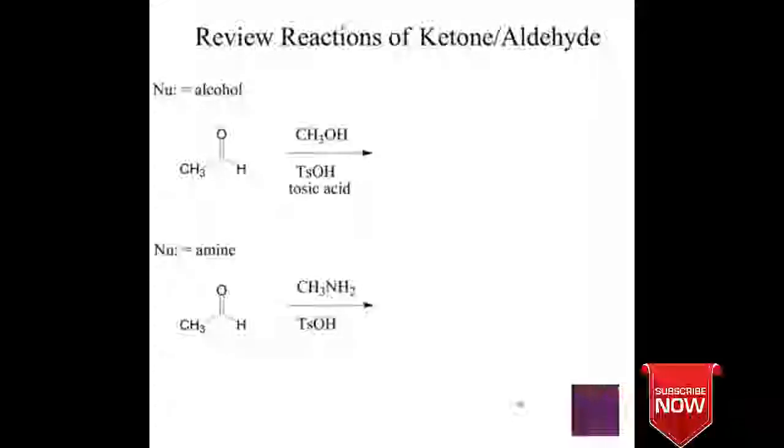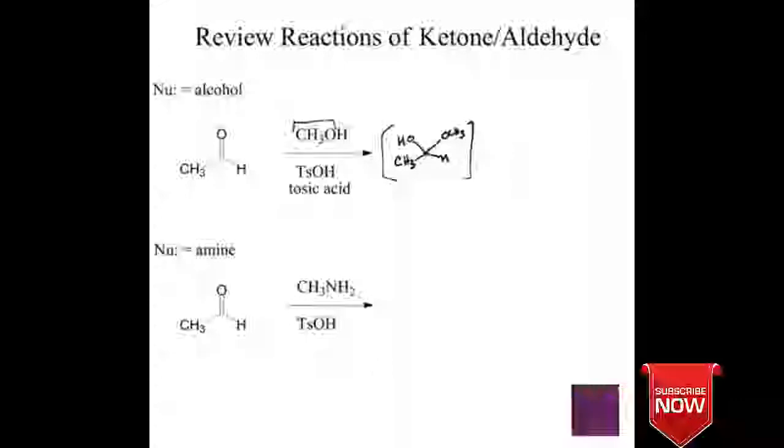Now, if we have heteroatom nucleophiles like oxygen or nitrogen, our products look a little different. If our nucleophile is an alcohol, you can imagine the same pattern we had for the hydride or the Grignard, where our nucleophile in this case would be a methoxy group. So we could add that in, but this alcohol product is no longer stable.